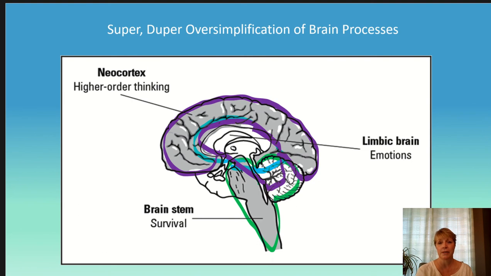We make decisions based on emotions. Now, that doesn't mean that we're a slave to that. We can learn to make better decisions and engage our neocortex, but for the most part, this is where our decisions are made. And I'll give you a little bit of an explanation as to why that is.